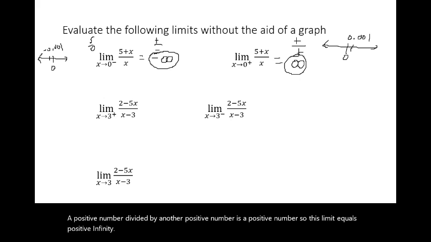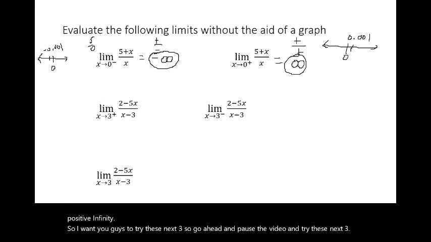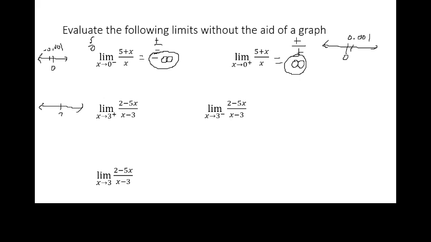I want you guys to try these next 3, so go ahead and pause the video and try these next 3. Okay, so for the limit as x approaches 3 from the right and the left. This time, instead of looking at just positive and negative numbers, you're looking at numbers close to 3. We're going to start with the limit as x approaches 3 from the right. Numbers to the right of 3 are slightly greater than 3.